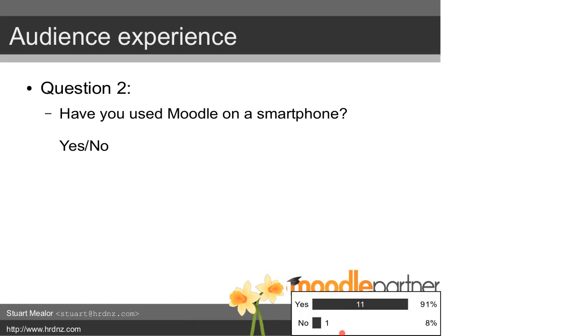A very high result for people that are using Moodle on a smartphone. And I guess the reality is it's because we have our smartphone with us 99% of the time. So it's a bit like the Facebook and Twitter. It's right there. It's so easy to use that we tend to use it, right?